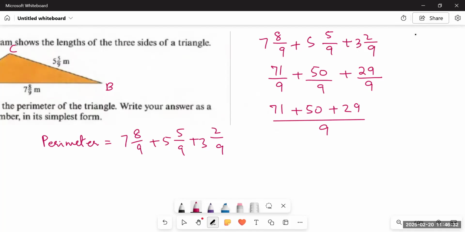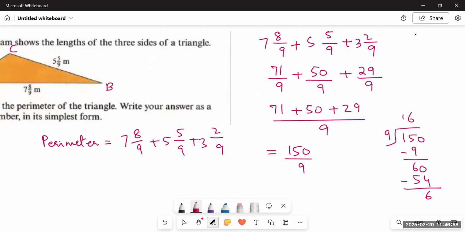That would be 71 plus 50 is equal to 121. 121 plus 29 is equal to 150. Okay. Now we will divide them. 9 ones are 9. 6 left. 9 6s are 54.